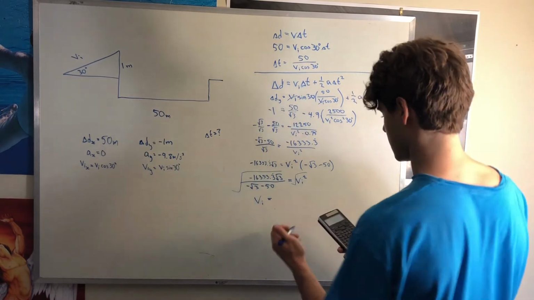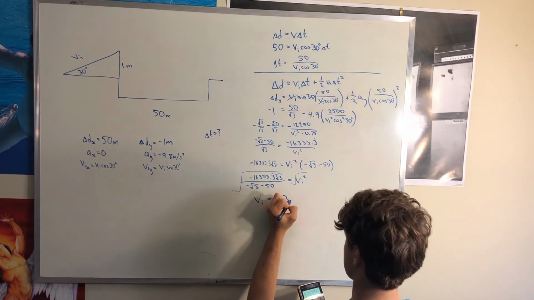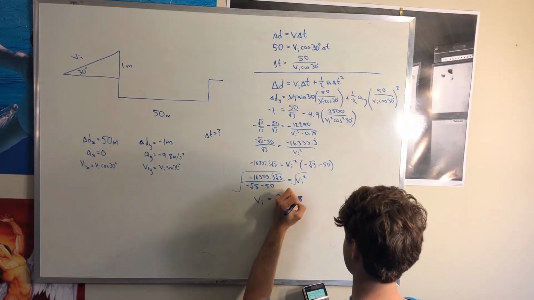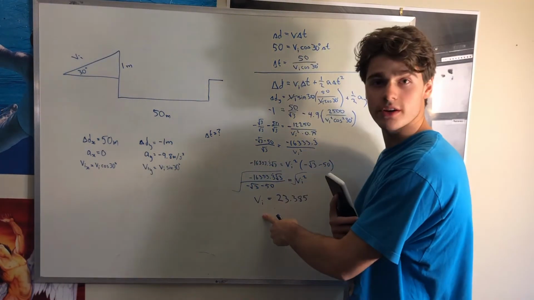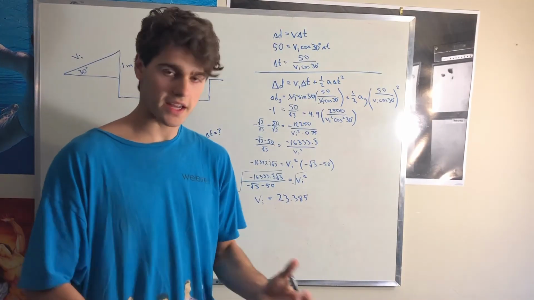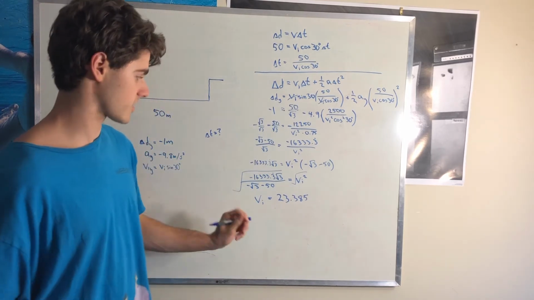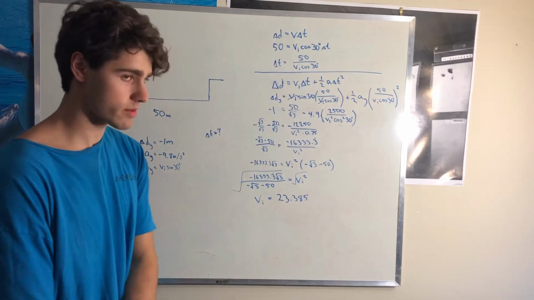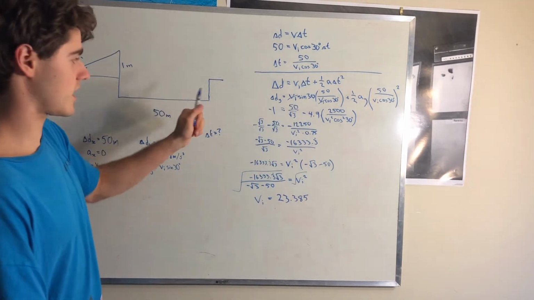And that gives me 23.385. Okay, this is the magnitude of our initial velocity. So that is the problem. It was quite complicated. So, in conclusion, Bart needs to go at least a speed of 23.385 meters per second to clear this 50 meters.